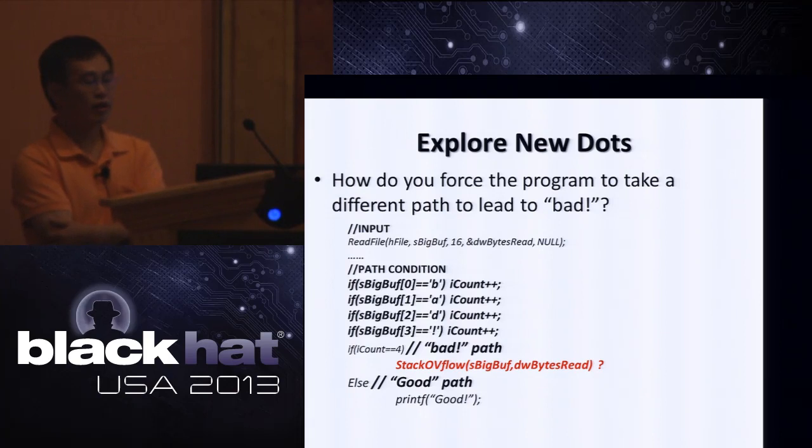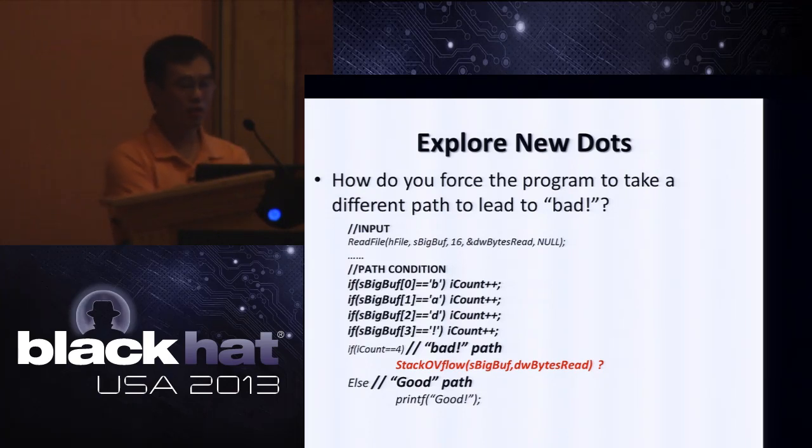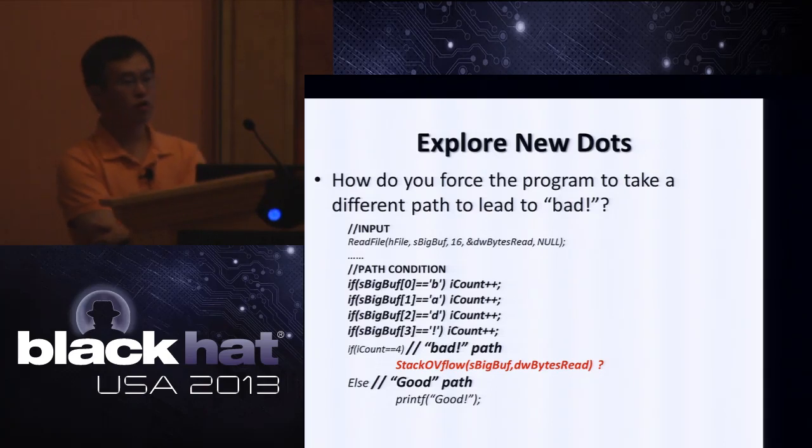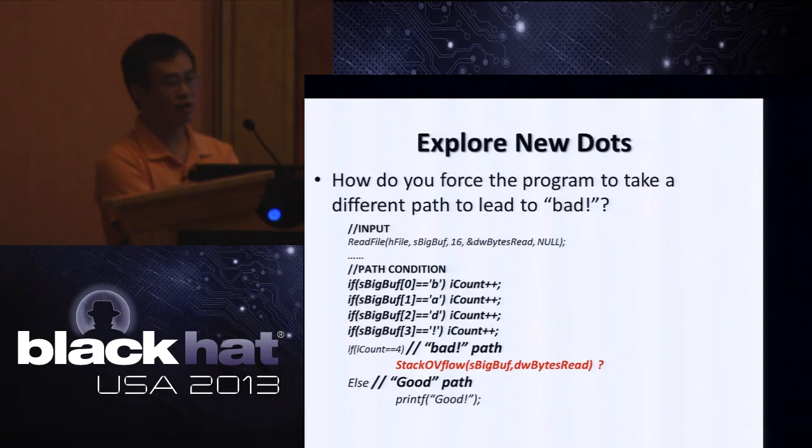So many times, I think people have the experience: you try it many times, and you see the program always follows the same path. You wonder if you tried hard enough, or if the path is just infeasible, not possible. Maybe you need a new way, a better way to answer the question.